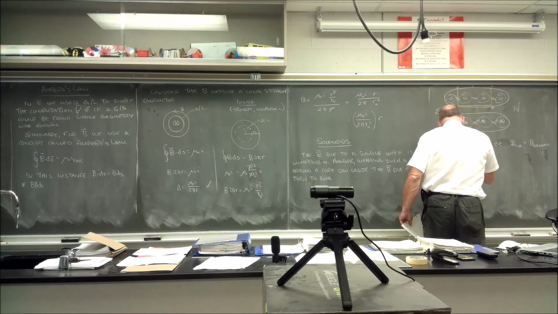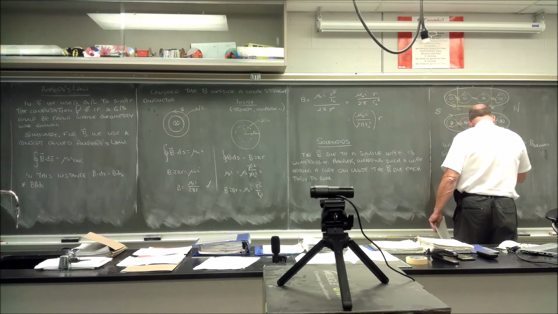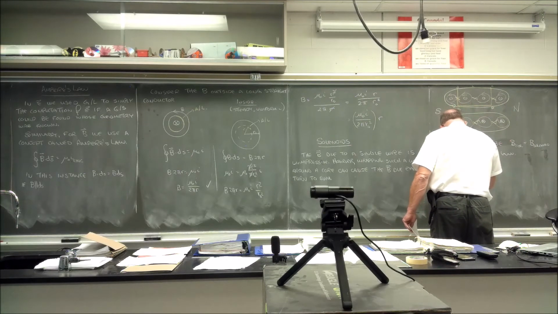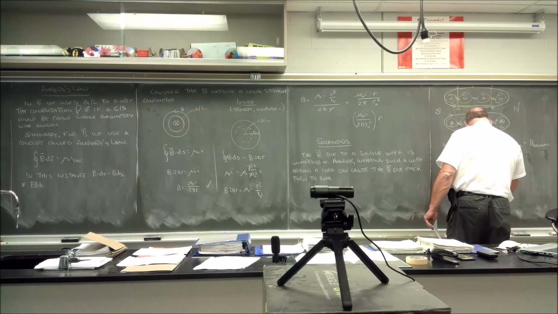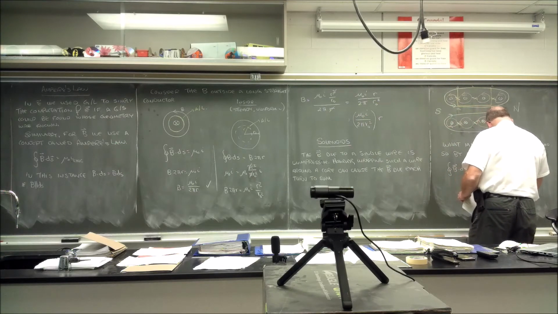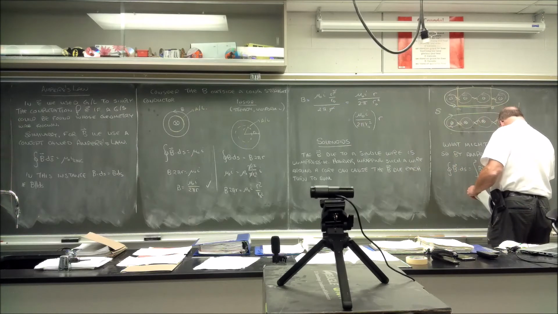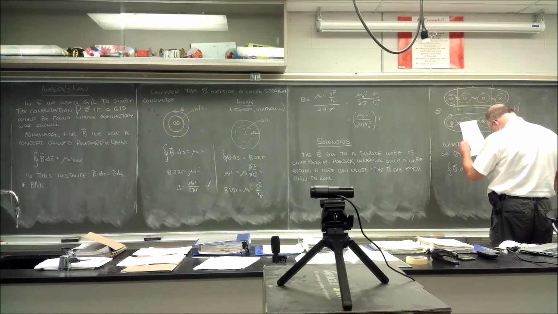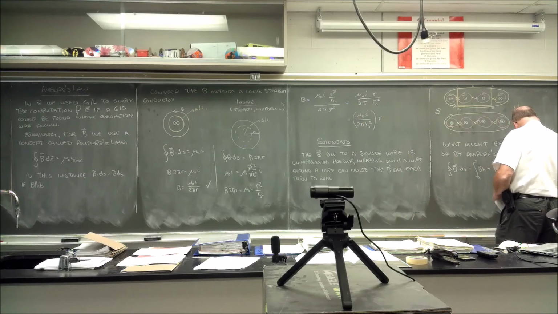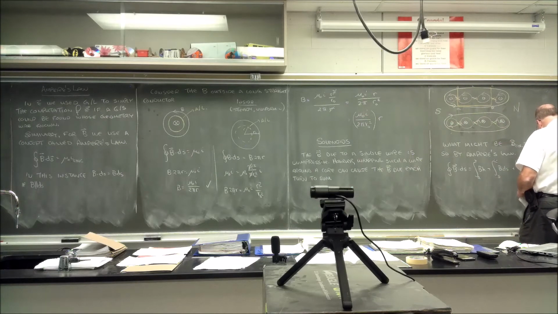So, by Ampere's law, we've got the ring integral of B dot ds is equal to the integral from A to B of B h, plus the integral from B to C of B ds for now, plus the integral from C to D of B h, plus the integral from D to A of B ds.